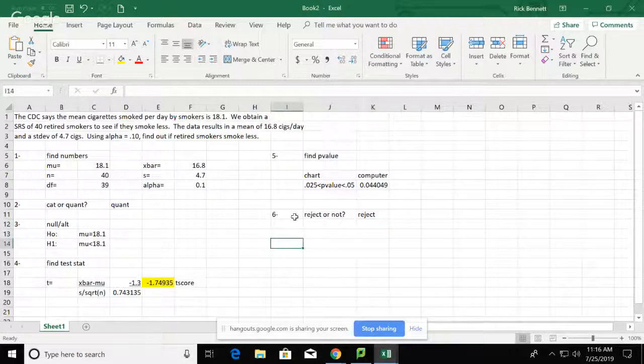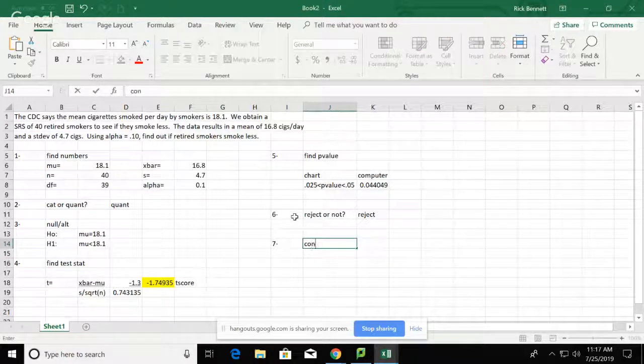Okay, and so, Philip, what's the last step? Put it in English. The last step is the conclusion, right?